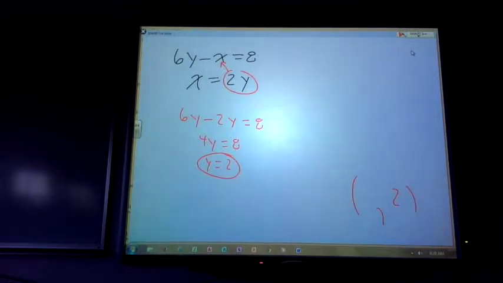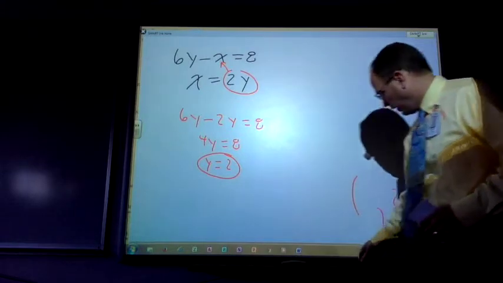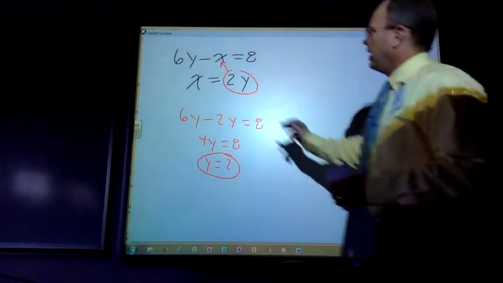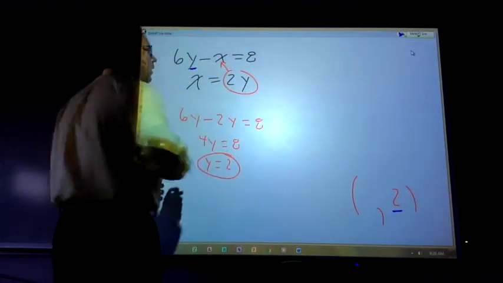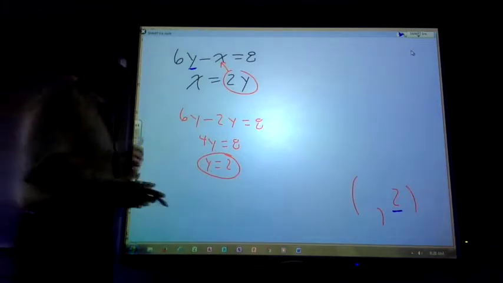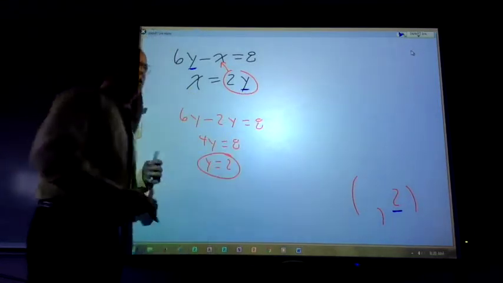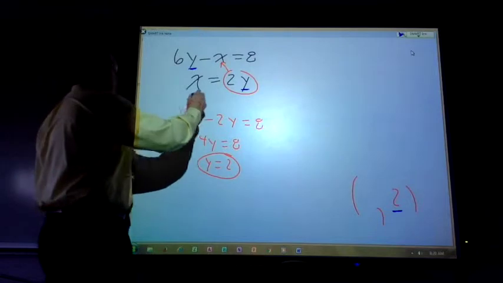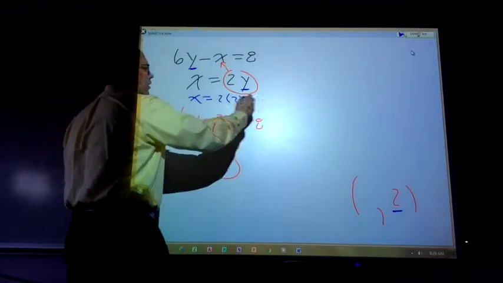There's two places I could plug it in. I could plug it in here, but that looks like it's going to be a little bit more work. But if I plug it in right here, it's already set up for it. So I'm going to get x is equal to 2 times 2, which is 4.